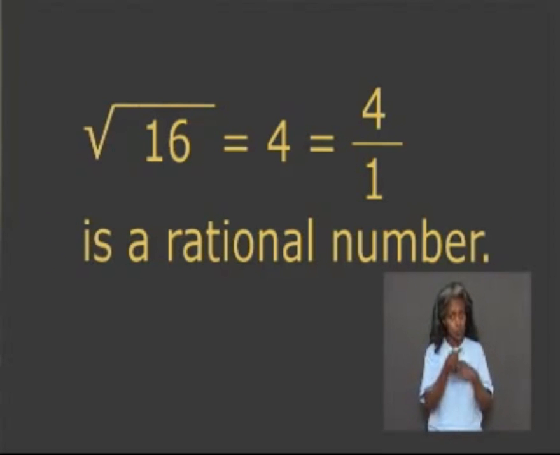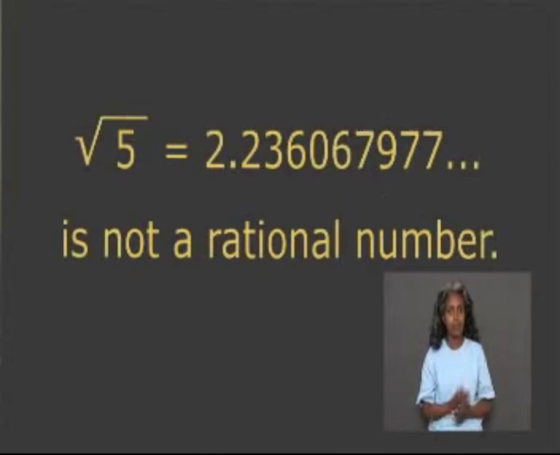So, we know that E is a rational number. If we tried to calculate the square root of 5 using a calculator, we would get a number like 2.2360 and on and on.